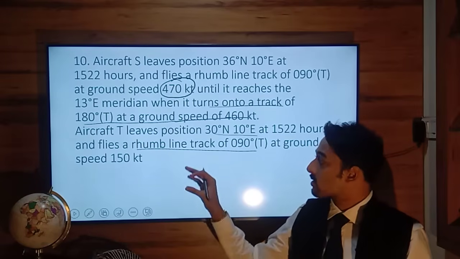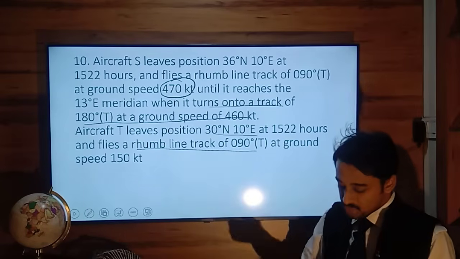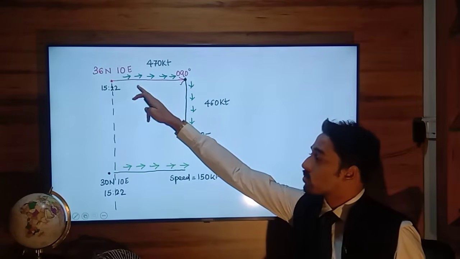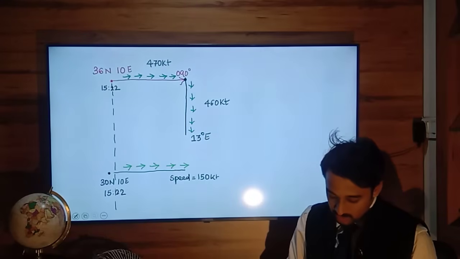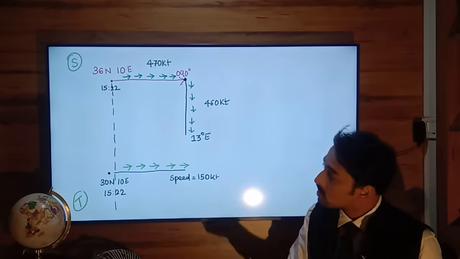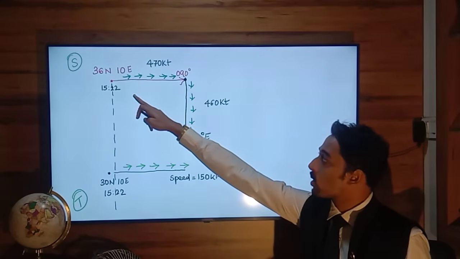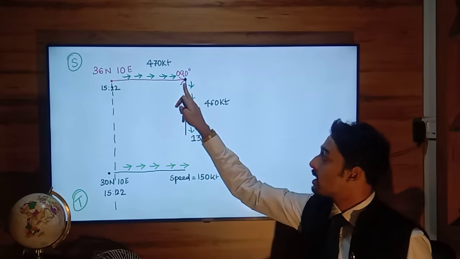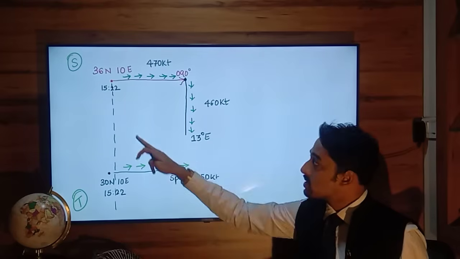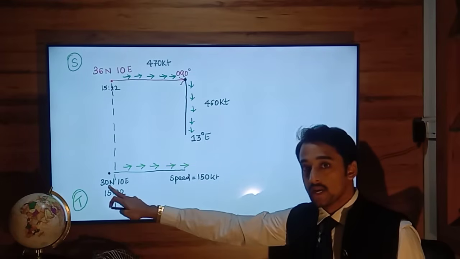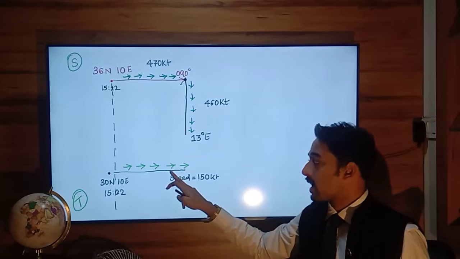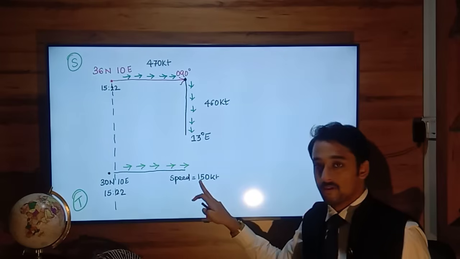So all the information that was given in the question, we have put in the form of a diagram. There is one aircraft starting at aircraft S and aircraft T. Aircraft S starts at 36 degrees north at 15:22, goes east, then comes down on a southerly heading at longitude 13 degrees east. At the same longitude but another latitude, 30 degrees north, we have another aircraft, Tango, which is starting at a heading of 090, speed 150 knots.